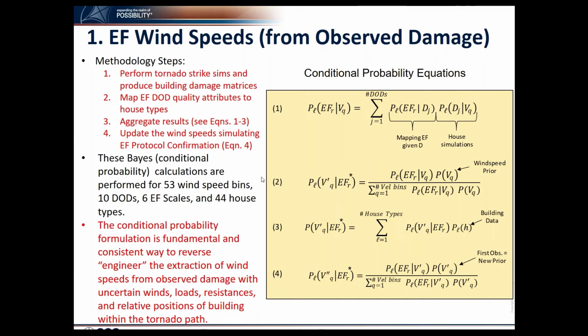Basically, we are using a conditional probability formulation and reverse engineering to get the wind speed from the observed damage, which includes the uncertainty in the wind loads, resistances, and the position and orientation of the building within the tornado path.